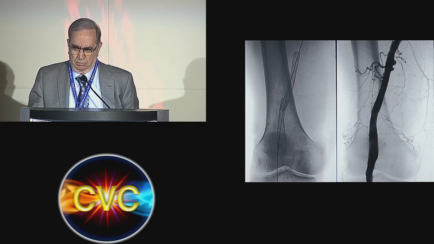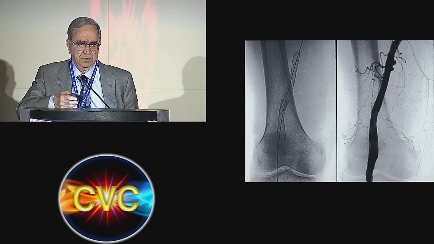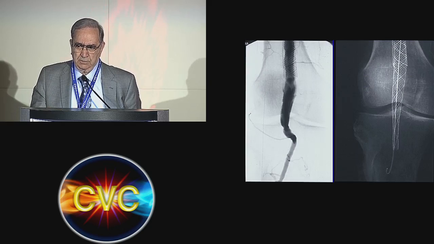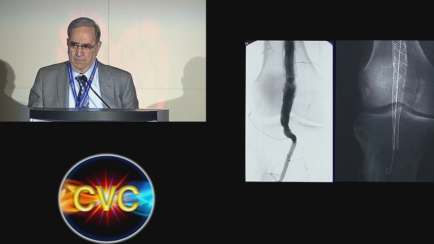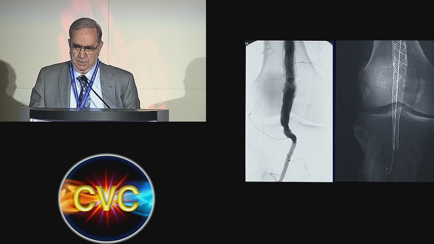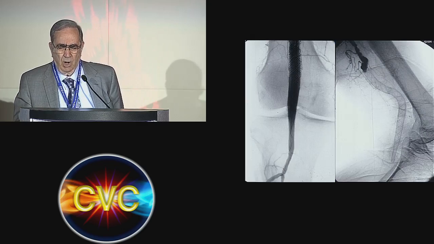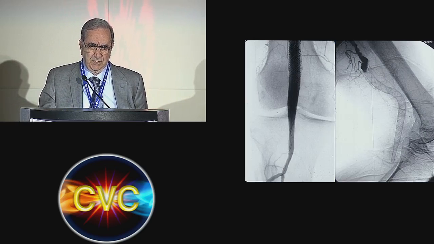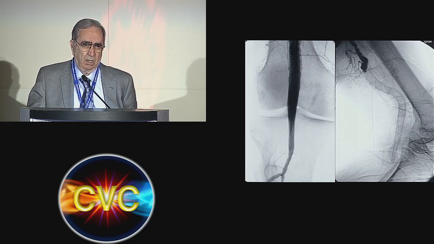One of the problems with the Wallgraft was that after a while they shorten, because they expand and become shortened, and that's exactly what happened to this patient. His aneurysm was uncovered, so we went in and put another extension on that. Wallgraft didn't do very well in popliteal aneurysm, and the reason is that it was a pretty stiff endograft.